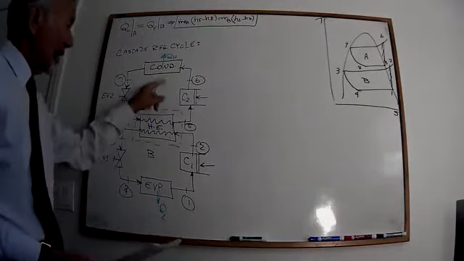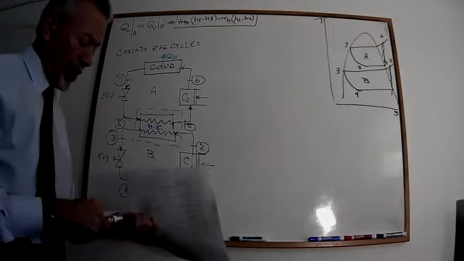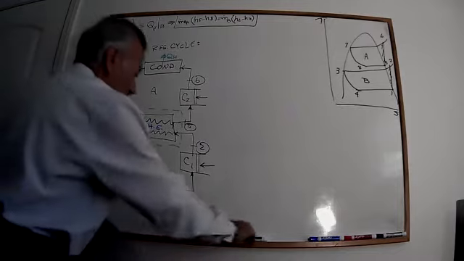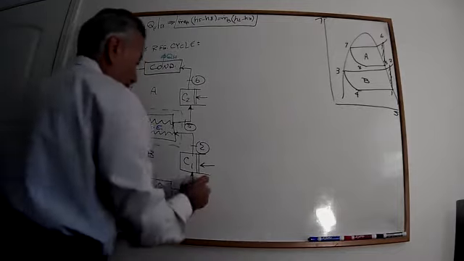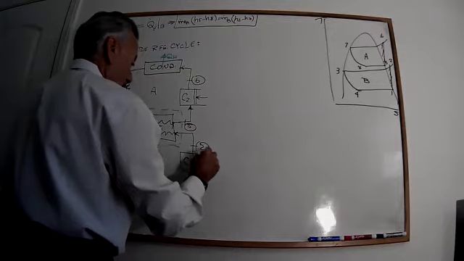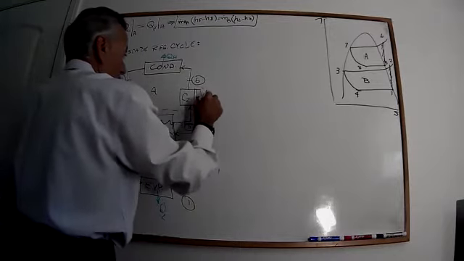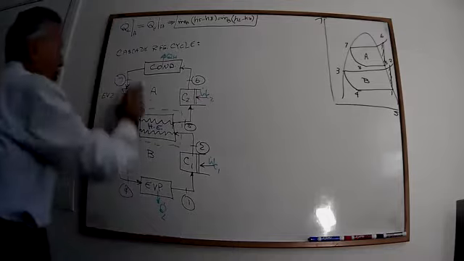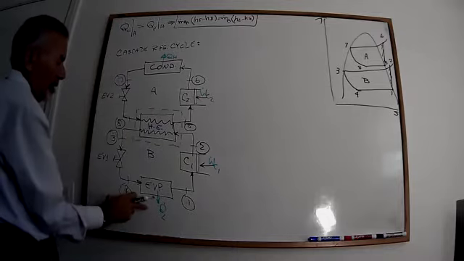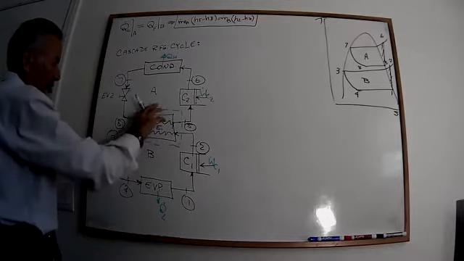And we end up with two work-consuming compressors. One QH, one QL. These two cancel each other.